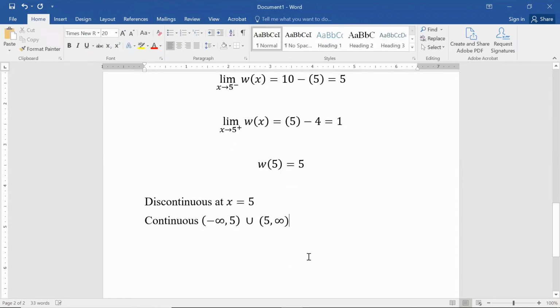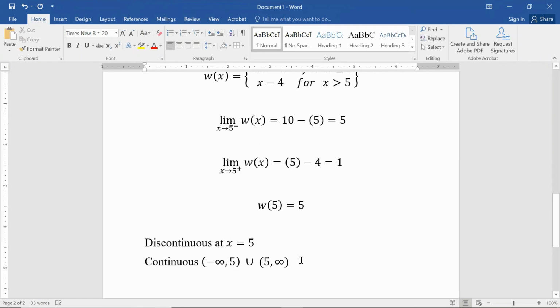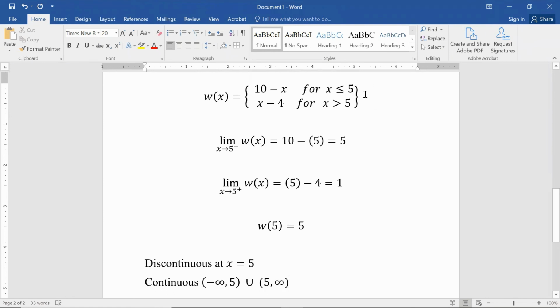Some of you may have seen that before. Just so you know, it is possible for piecewise defined functions to have a limit that exists and is equal to the output. Obviously, these two functions didn't satisfy that, but that doesn't mean there's not other piecewise functions that do satisfy that.